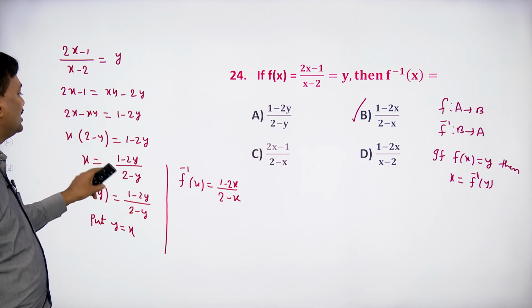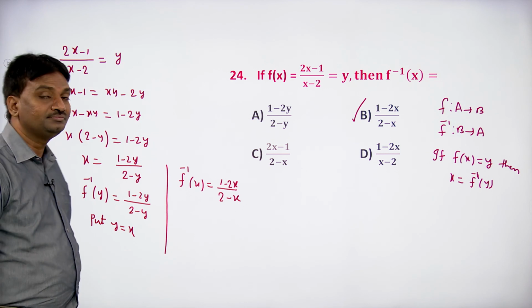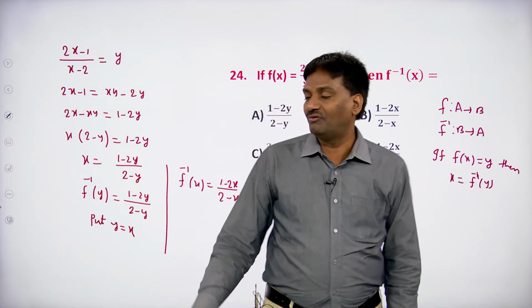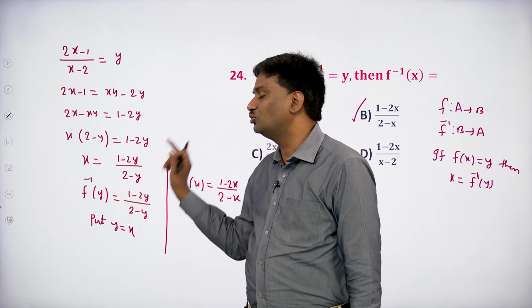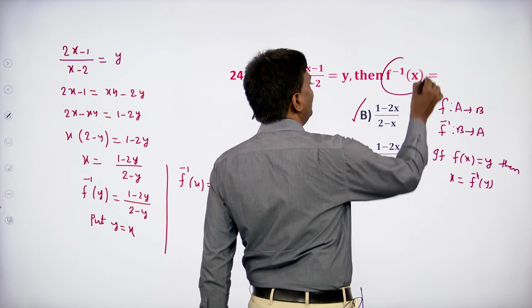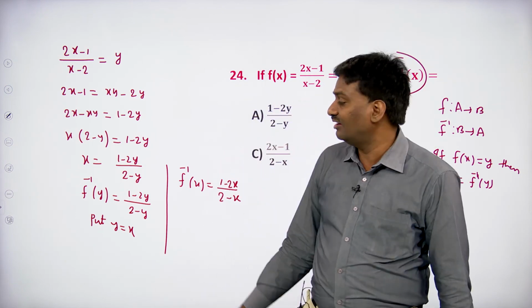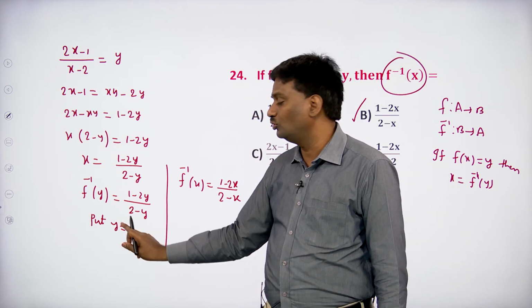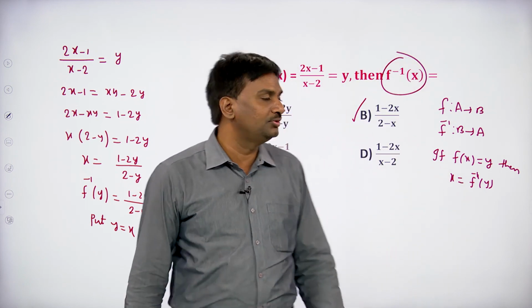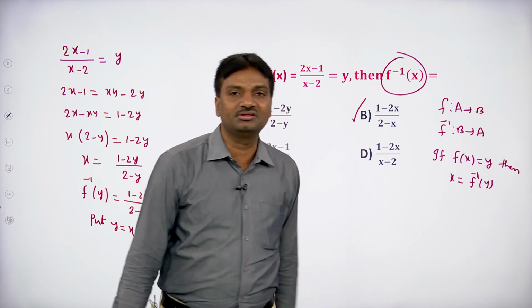So from this we can get x equals (1 minus 2y) by (2 minus y). x can be written as f inverse of y. So f inverse of y equals (1 minus 2y) by (2 minus y), but according to the problem we have to find f inverse of x. To get f inverse of x, in place of y, let us write x. So put y equal to x. So f inverse of x equals (1 minus 2x) by (2 minus x). So we can take option B is correct.